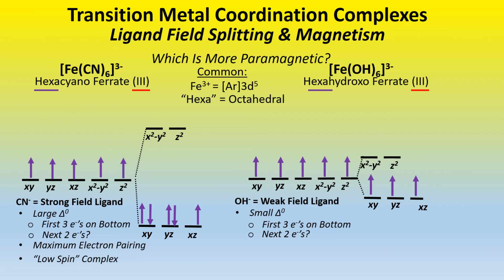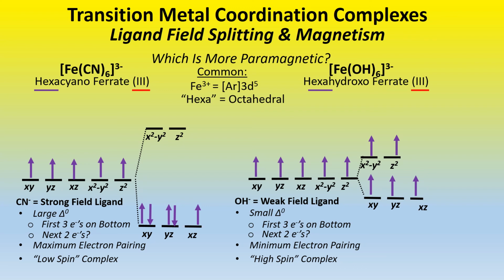In the second case, since the gap is small and electrons generally do not like to be paired unless they have to, the remaining 2 electrons can go on top. I wind up with a minimum electron pairing and what is known as a high spin complex.